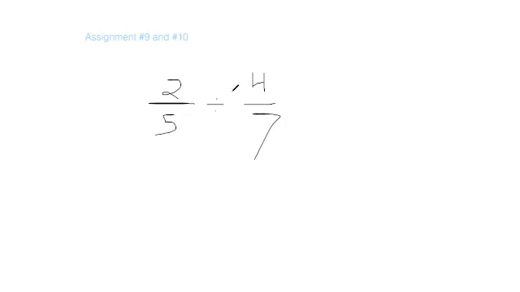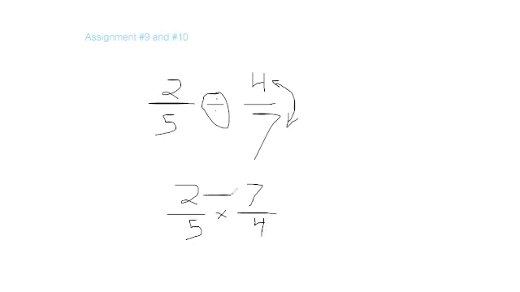What you got to do here is you never divide two fractions. All you're going to do is flip this around. You're going to get the reciprocal. You flip that around, and then the division sign turns into a multiplying sign. So now it's going to be 2 over 5 times the reciprocal of 4 over 7, which is now the 7 on top and the 4 on the bottom.